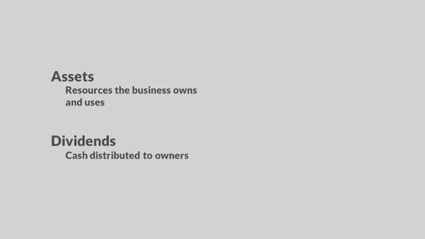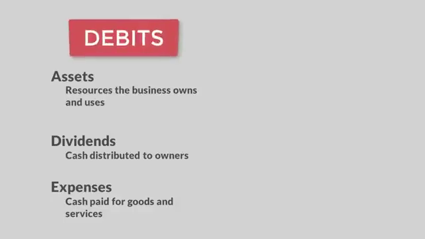Dividends, that's when the company distributes its profit and cash to the owners. And expenses, that's money we pay for goods or services the business purchased. All accounts in this group are debits, which means that their balance will usually be a debit. Therefore, the total of these accounts will increase when they get another debit and will decrease when they get another credit. So account number 1 in our previous example would be in this group.